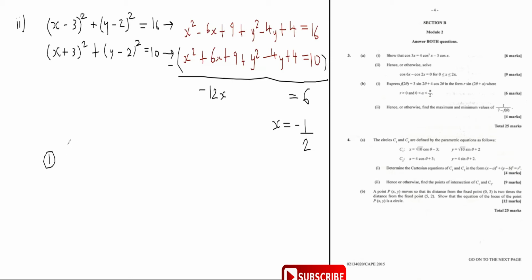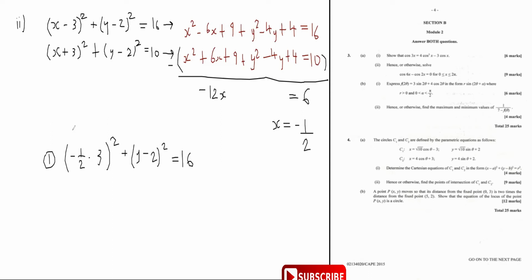We have minus a half minus 3, all squared, plus y minus 2, all squared, equal to 16.